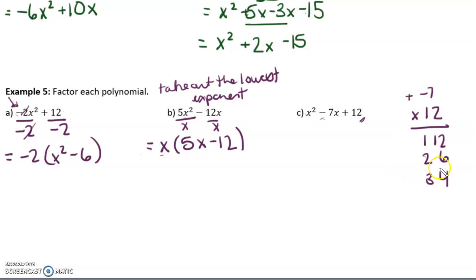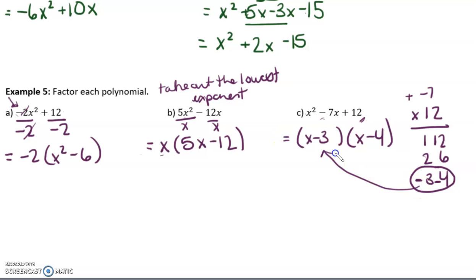Okay, well, 3 and 4 add to 7, so -3 and -4 add to -7. Because this is a trinomial, what we want to do is make two brackets, and we have x minus 3 and x minus 4. Okay, so these factors here go directly into the brackets.